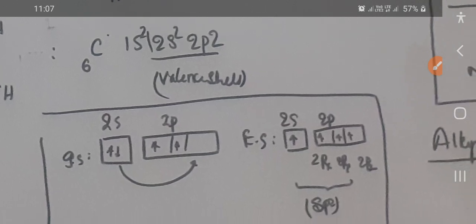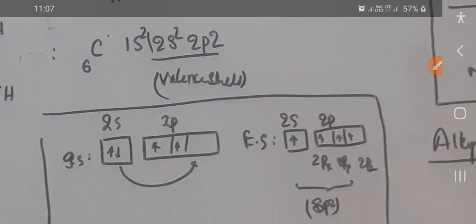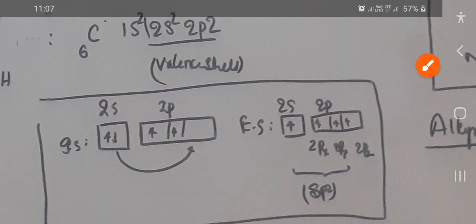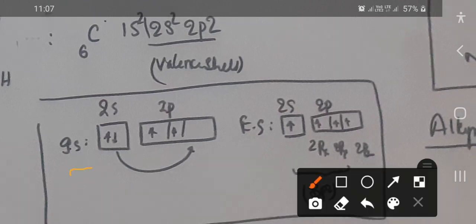So again you can see the configuration is 1s2 2s2 2p2. The valence shell configuration represents the ground state, and in ground state 2s atomic orbital has 2 electrons and 2p has 1 electron each, one in 2px and another one in 2py orbital. 2pz orbital is vacant.